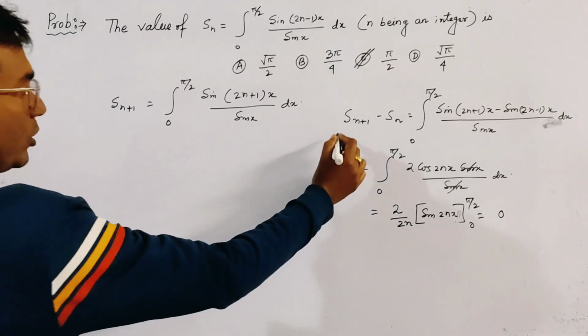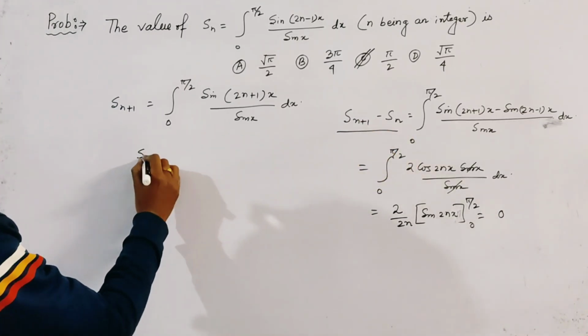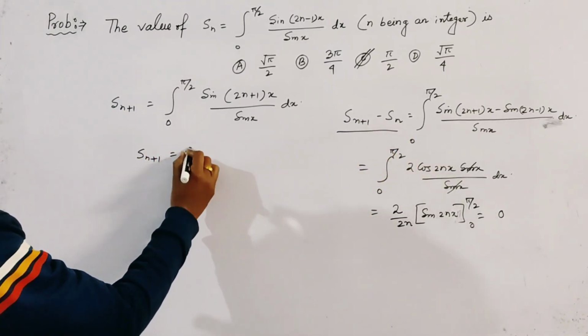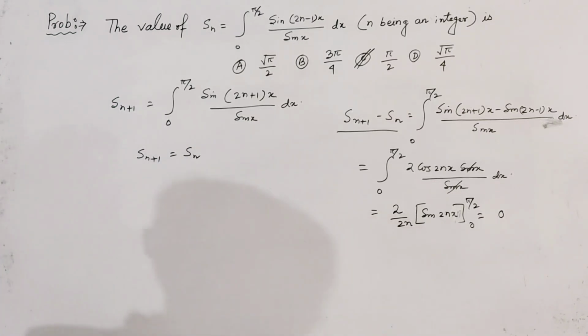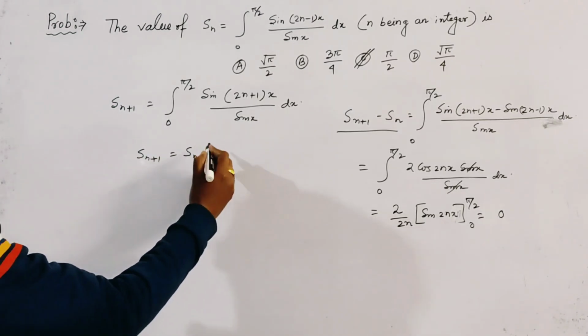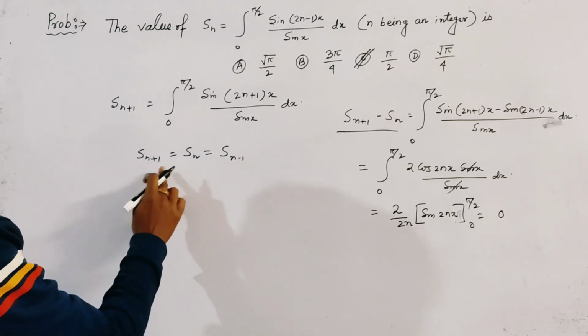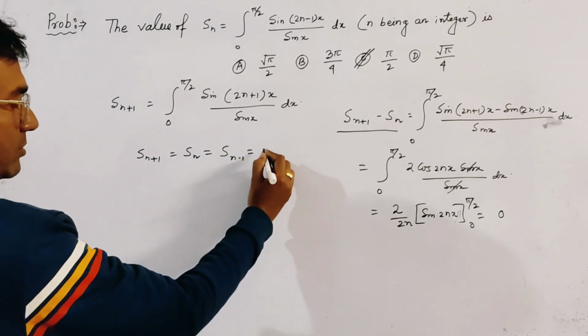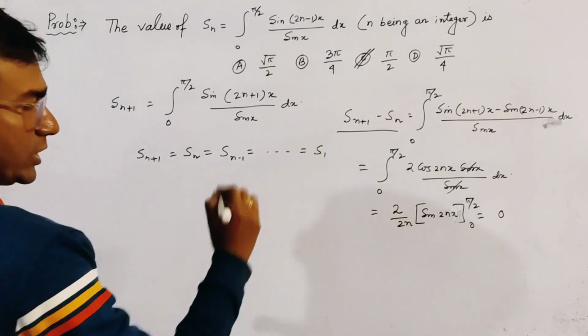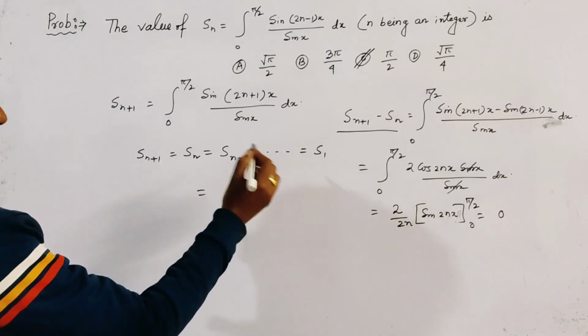So from this relation we get Sn plus 1 equals Sn. Now if we replace n by n minus 1, we get this is equal to Sn minus 1, and from this recurring relation, similarly we get this is S1. Now what is the value of S1?